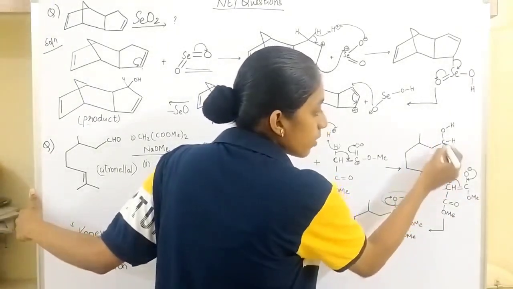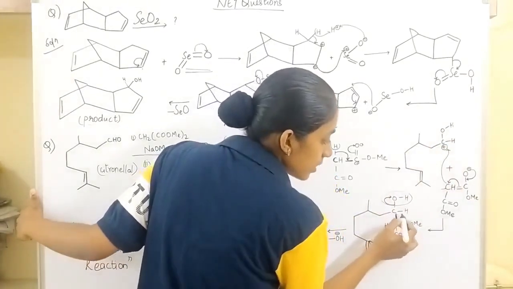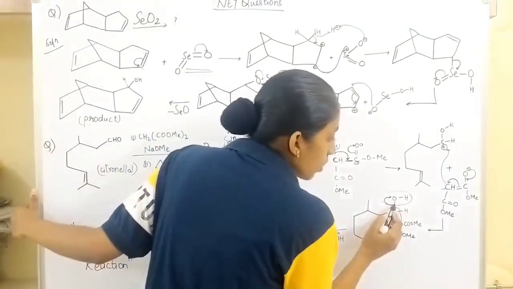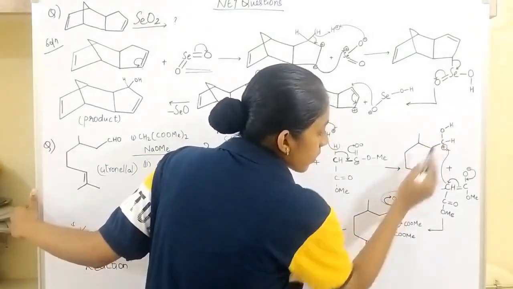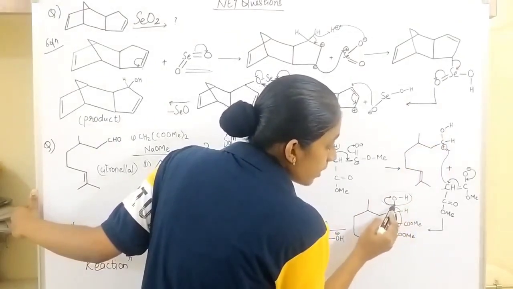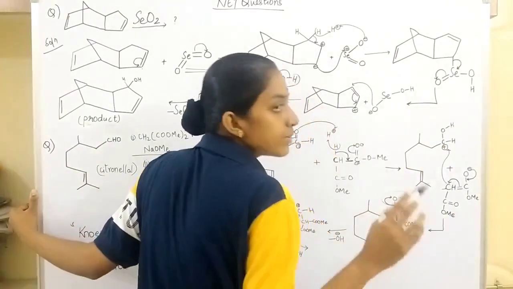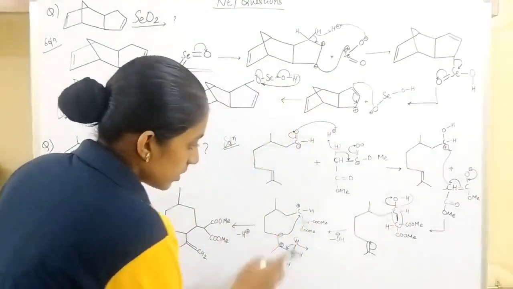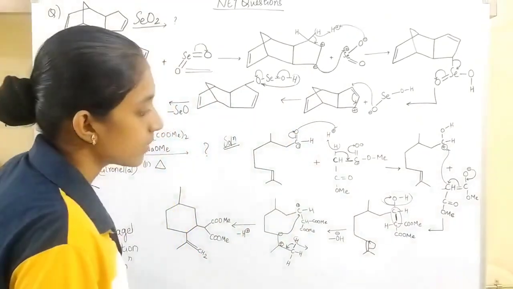So a C-C bond formation is seen here. This is the C-C bond formation. Right. Now the alcoholic group that is present on this, see, this is the alcoholic group we have written here, it will be eliminated as OH minus and the carbon will be getting a positive charge. See, this carbon is getting a positive charge.